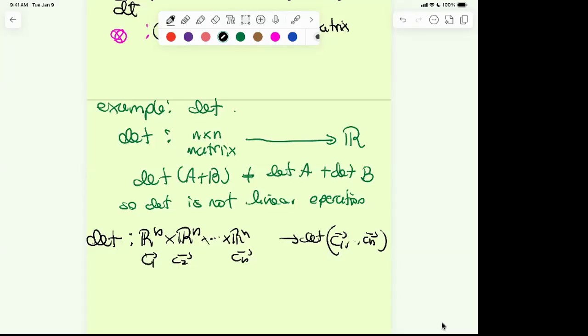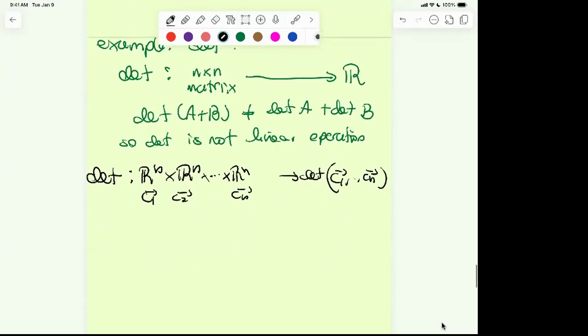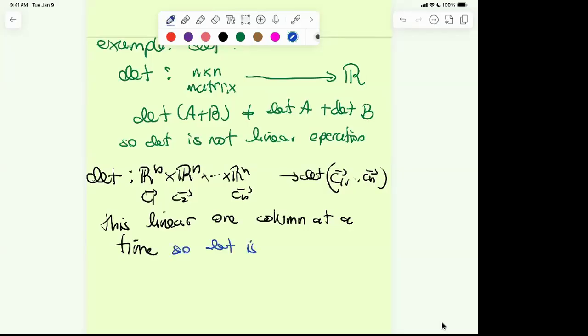All I'm trying to say is that, because of the properties of the determinant, it is linear one column at a time, so that makes the determinant multilinear in this sense. So you did know a tensor from linear algebra, the determinant. You just have to look at it from the right perspective.